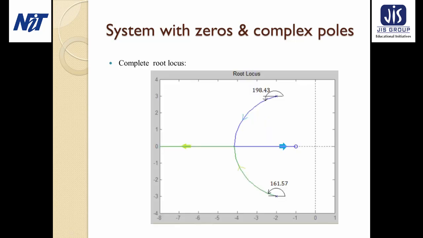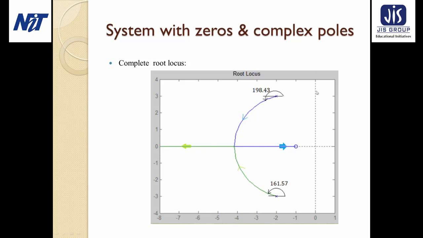So this one is the complete root locus, and we can find out there are two complex poles, that is here minus 2 plus 3j and here minus 2 minus 3j, whereas the zero is located at the minus 1 location, and from minus 1 to infinity the whole section is in the locus, and any point that is not within this region is not in the locus.